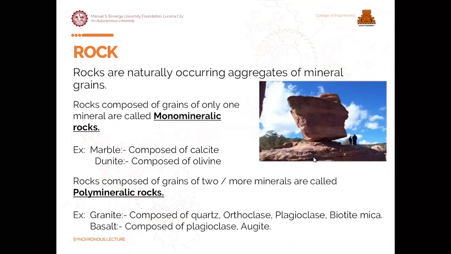The keyword is that one mineral is mono, two or more is poly. Examples of polymineralic rocks are granite and basalt. These are their compositions as indicated.